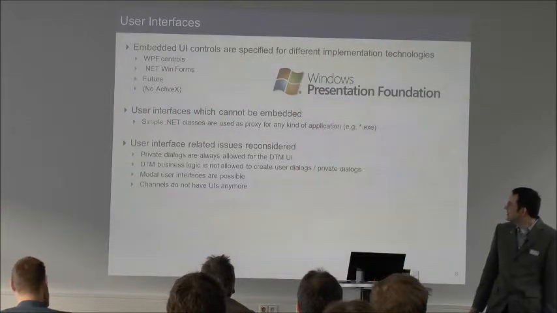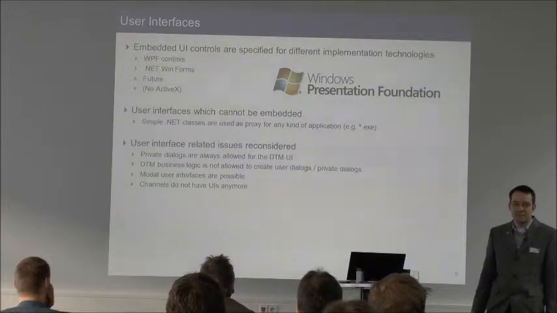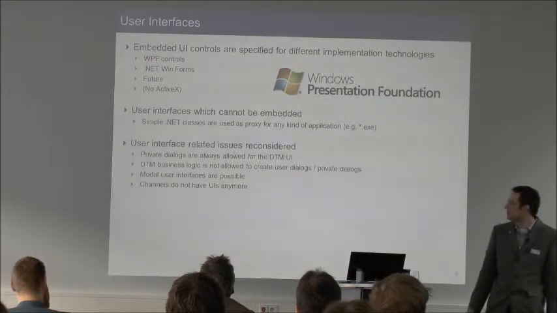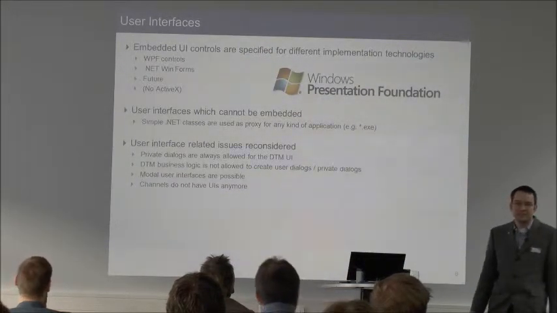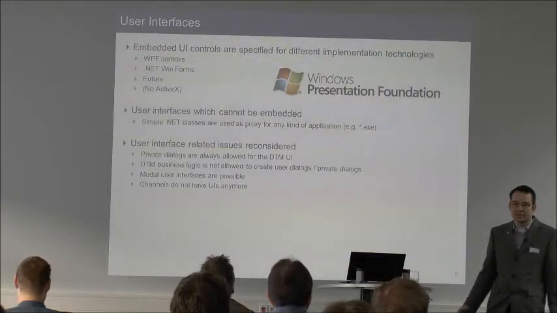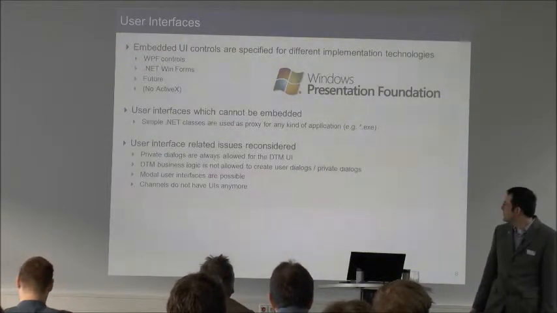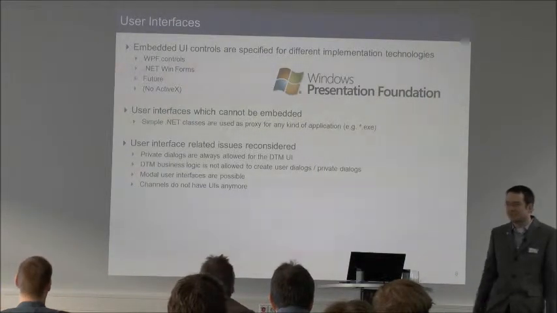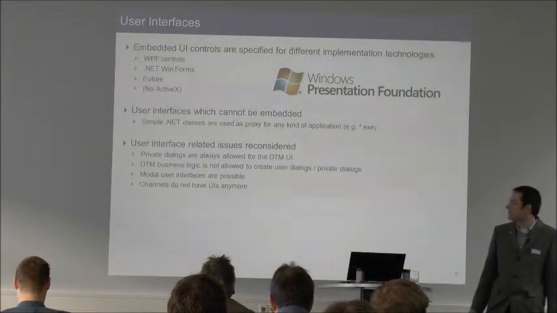In future, in FDT2, the user interfaces are allowed to open private dialogues like message boxes, manuals, help files, and so on, independent from the frame. The DTM business logic is not allowed to open message boxes. That's already part of FDT1, and it's also not possible in FDT2.